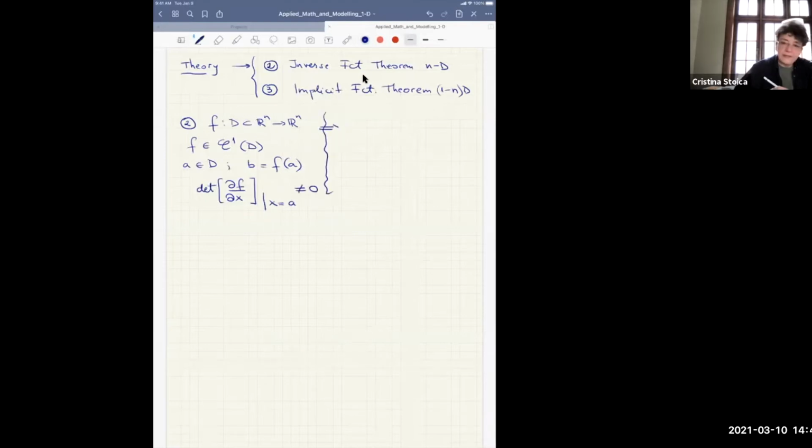Then what is happening, I'll discuss a bit. There is a vicinity or neighborhood, call it U, of the point a, and there is a vicinity or neighborhood V of the point b, and there is the inverse of f defined on V, so it goes from V backwards to U, as of class C1 on V. So this f minus 1 is continuous, differentiable, and the derivative is continuous on V. And moreover, the derivative of f minus 1 can be calculated and is the inverse of the derivative of f, thought as a matrix, right?